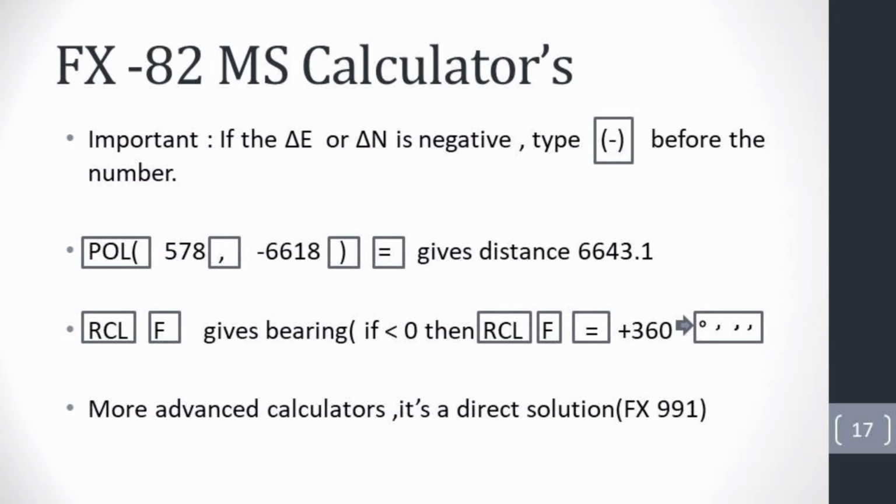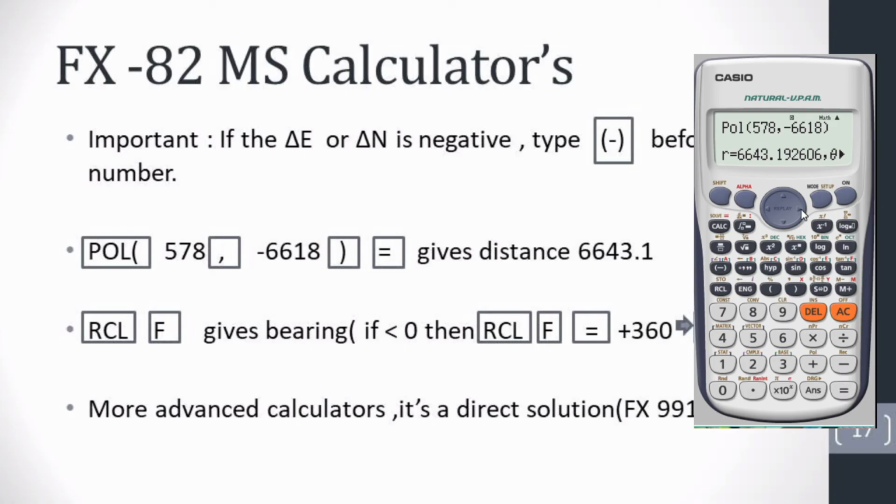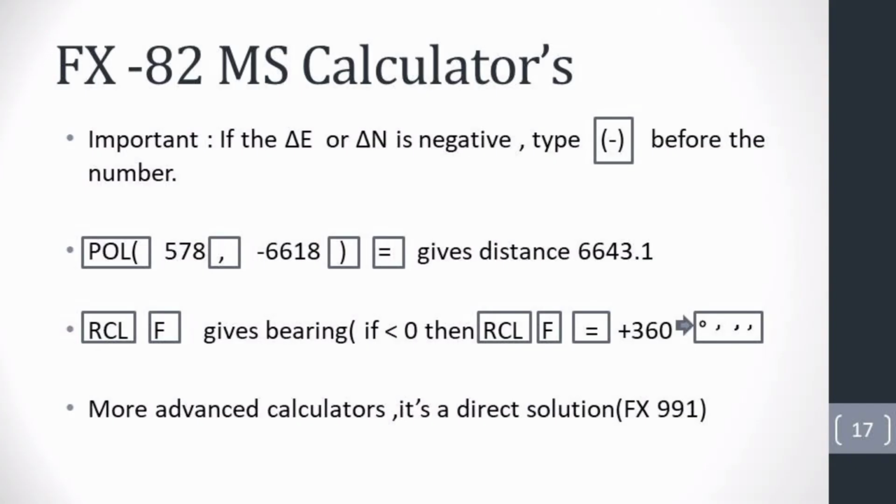Remember, if your answer has a negative angle, you add 360 degrees. After doing that, you press the button where we convert it to degrees, minutes and seconds. You can try that in a more advanced calculator, where the solution is given directly.